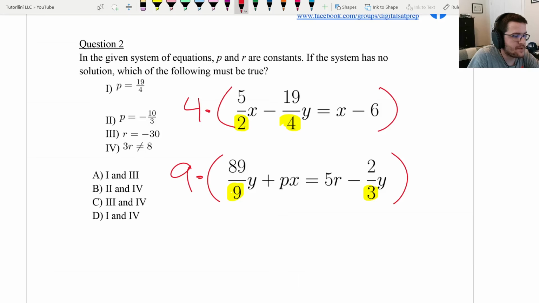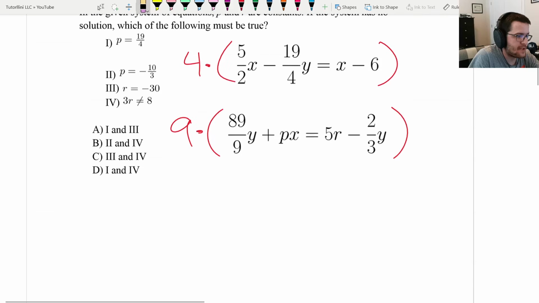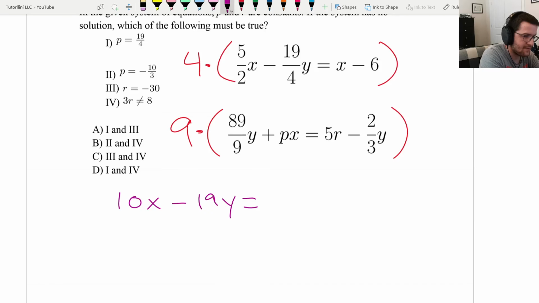And let me erase this yellow. Why don't we do the top one first? So 4 times 5 halves: 4 divided by 2 is 2, 2 times 5 is 10, so that's 10x minus 19y equals 4 times x is 4x minus 4 times 6, 24.